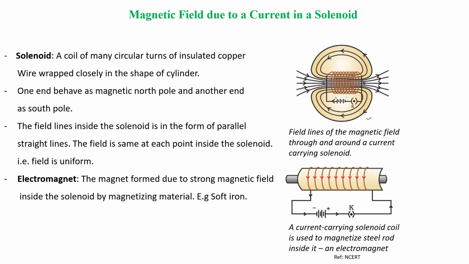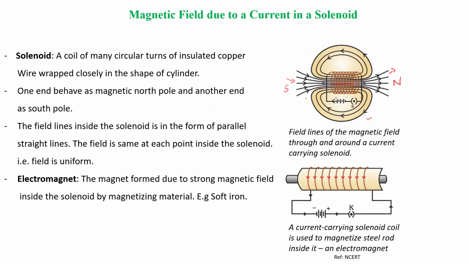Now here in the solenoid, again if you see, supply is given, and this is the key. Again the field direction in the solenoid is similar to a magnet outside. It emerges from the north and finally merges at the south. So these two ends of the solenoid act as the north pole and south pole. But inside the solenoid, all the lines are parallel.